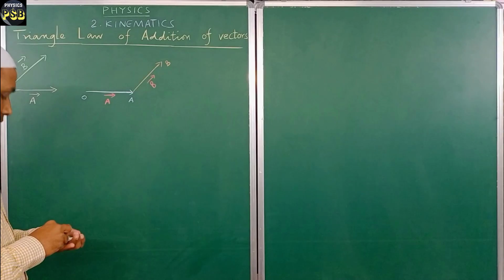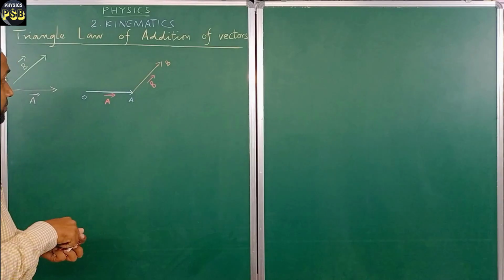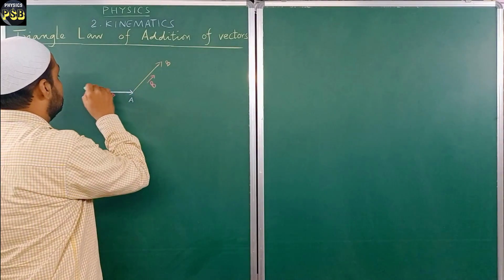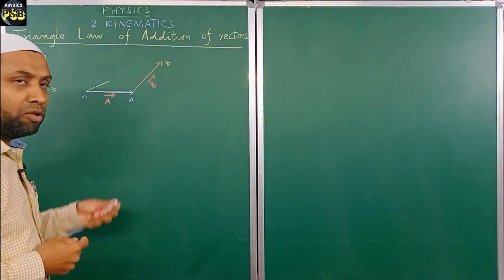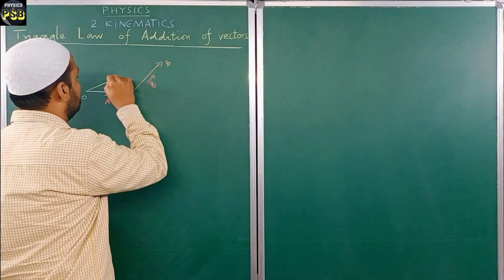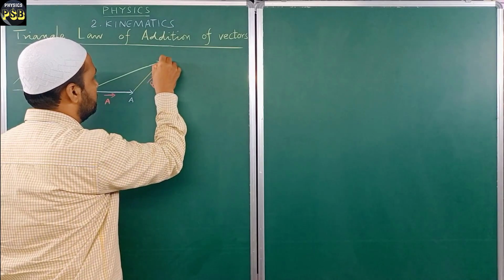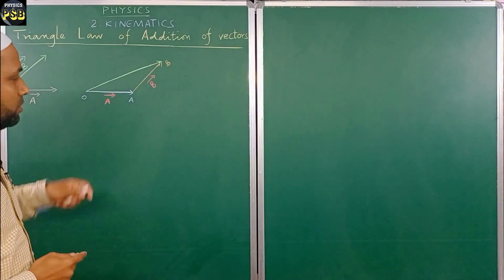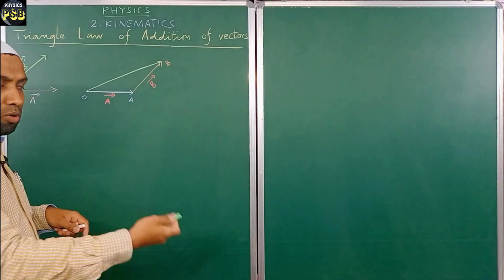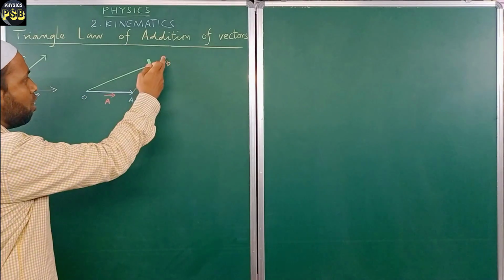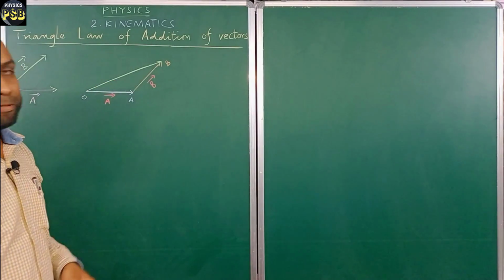How can this be closed? This can be closed by drawing a line from the tail of vector A towards the head of vector B. If I want to go in order to complete the triangle, then I should have drawn this line not towards O, but I have done the reverse thing.